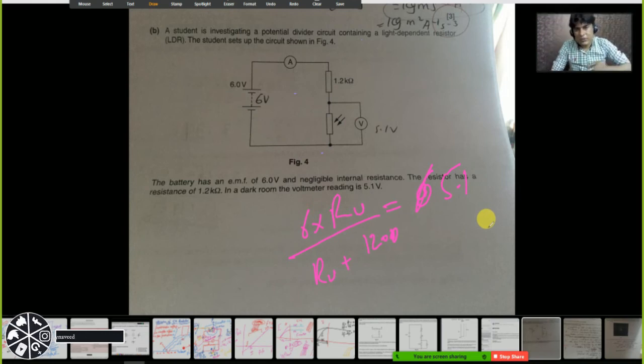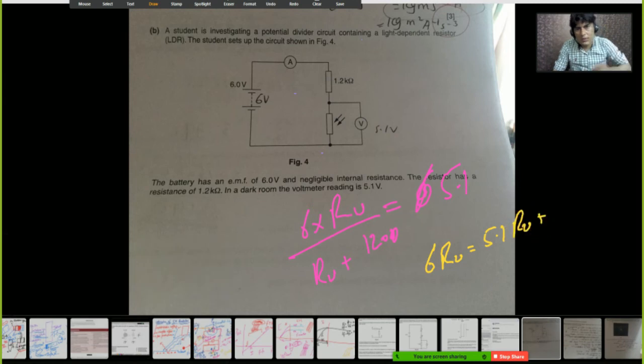Okay, that will be 6 V is equal to 5.1 V plus the voltage across this, which will get increased. If voltage across this is decreased, then voltage across this will increase. Resistance is constant.